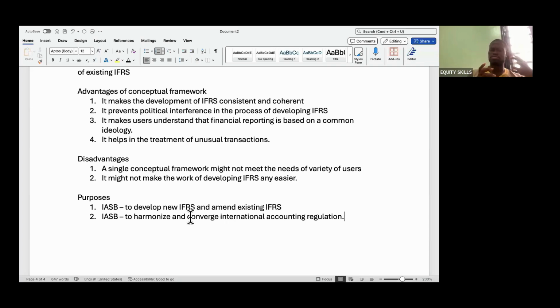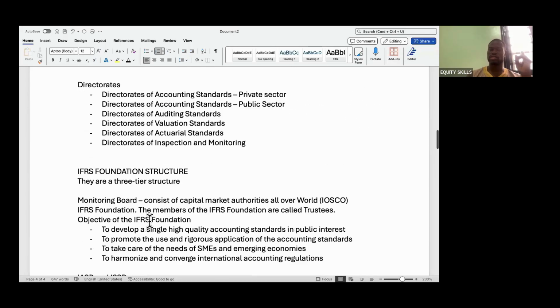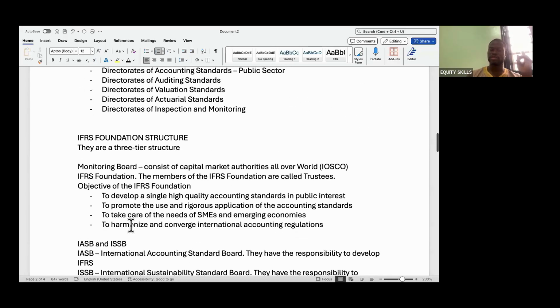Who can tell me how it can help them to do this? And remember, one of the objectives that I taught you yesterday of the IFRS Foundation is to harmonize and converge international accounting regulation, which means that they try to ensure that all countries of the world have similar standards by encouraging them to adopt IFRS.